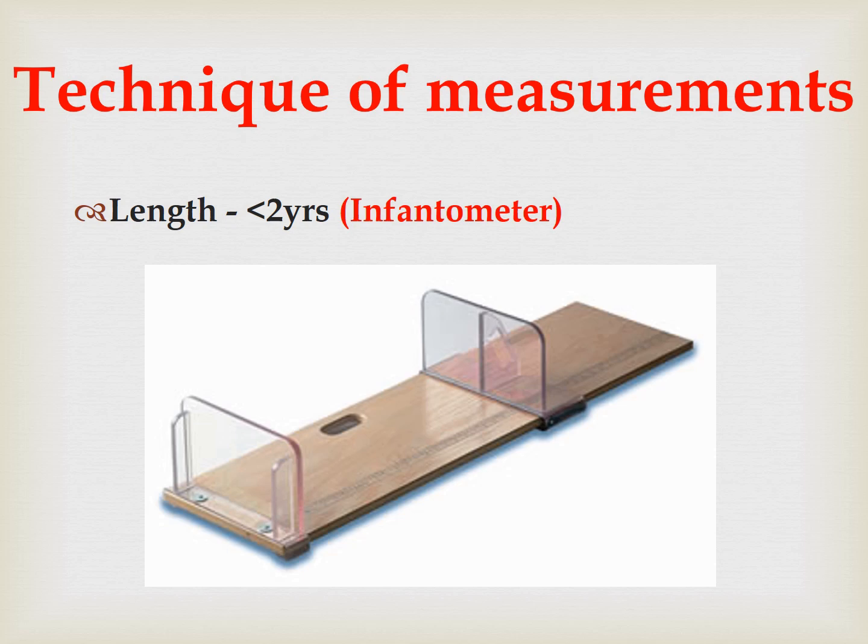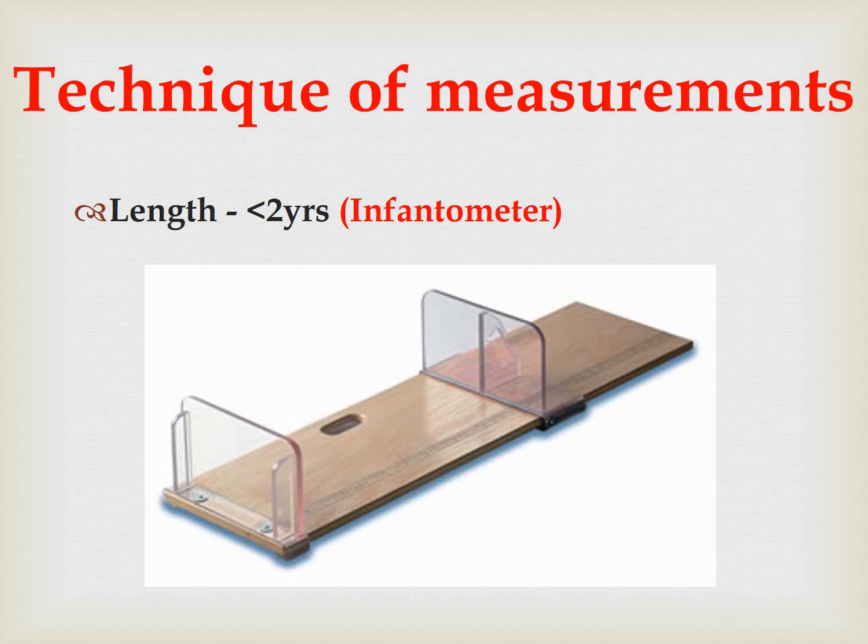Techniques to measure the length. For less than 2 years we take a supine length. The baby is lying supine. This instrument is known as infantometer, where you can see there is a board with two ends. One is the head end which is fixed, and the other lower part is the foot end, which is mobile here.